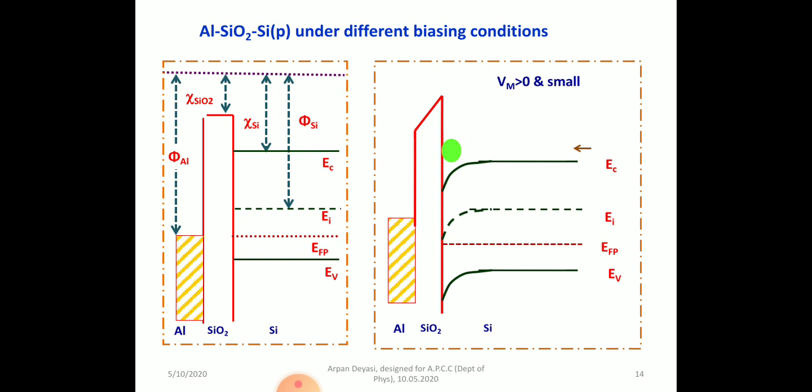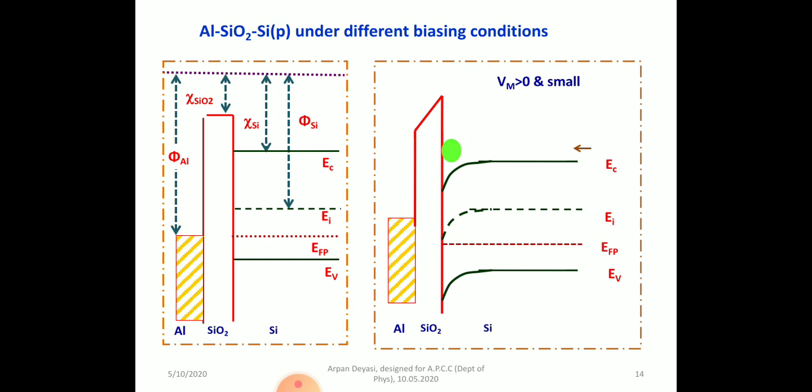So the capacitive action will be lost. So you have to raise the potential barrier at the oxide semiconductor interface, and if you raise the barrier on one side, on the other side it should be decreased. So that will be the shape of the insulator band diagram for the condition when metal side voltage is positive but small.